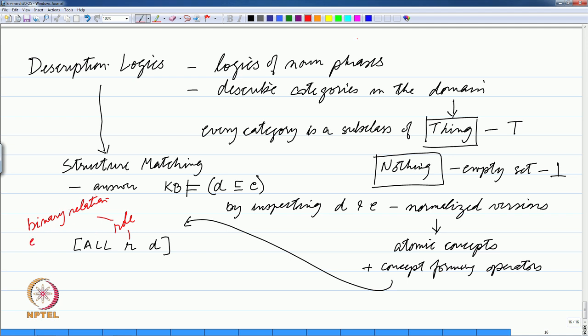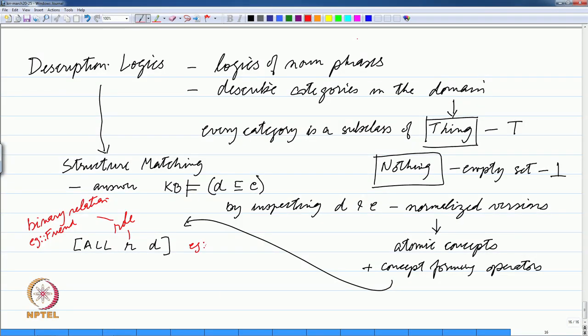For example, :friend, and we use a colon before the name friend as a matter of convention. So, friend is a binary relation which relates two individuals from the domain, and a statement like ALL R D says that all role fillers belong to the class D.